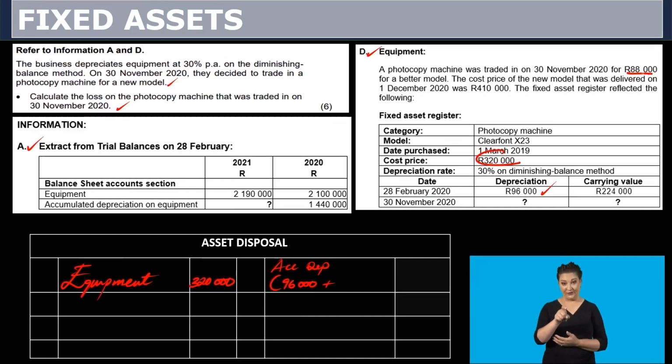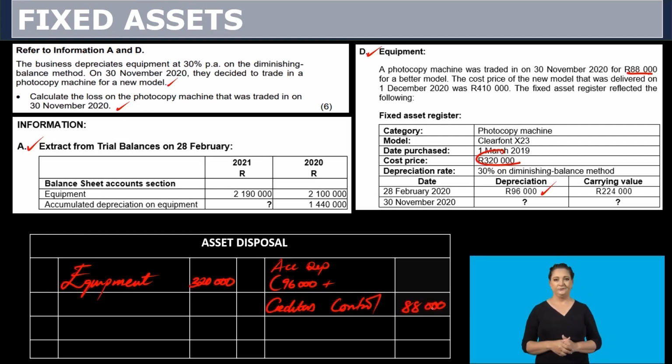So once we trade it in for 88,000, that 88,000 comes here, and then I'll say now creditors control. Okay, creditors control. And I'm going to have my 88,000 over there. Then, for a better model, the cost price of the new was 410,000.